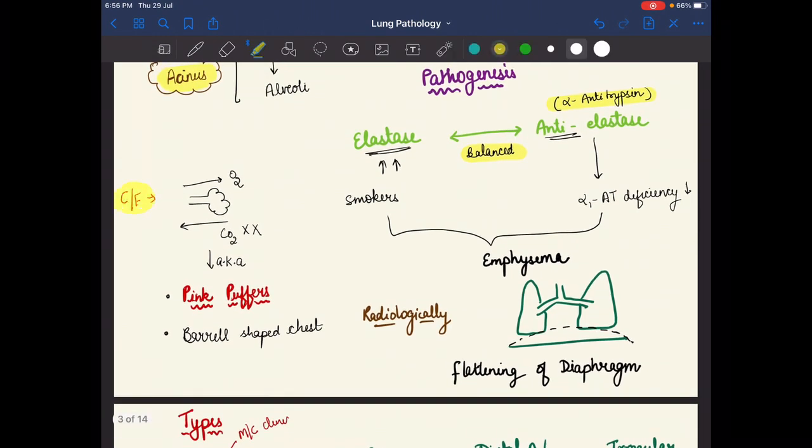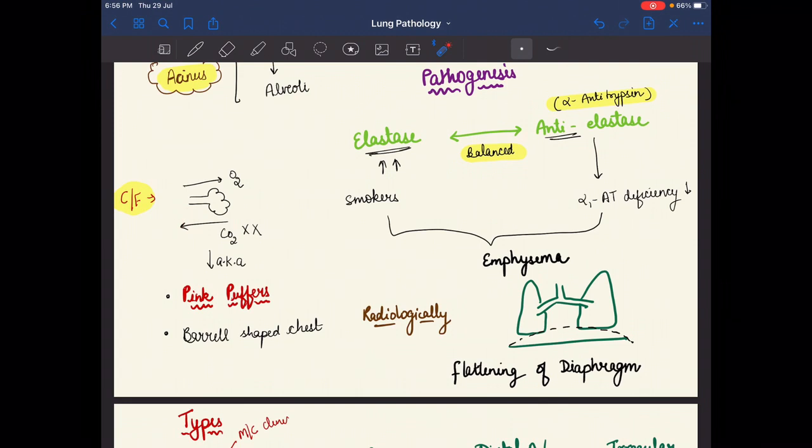Now the clinical feature in emphysema. Oxygen comes inside our lungs, but there is difficulty in expiration of CO2. There is not any problem with oxygen; the problem is with expiration of CO2.